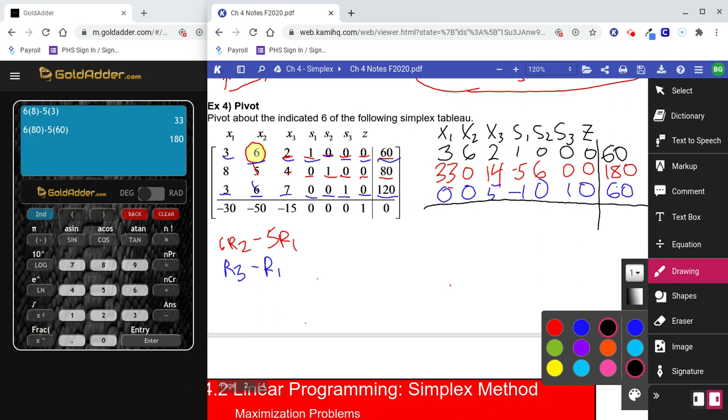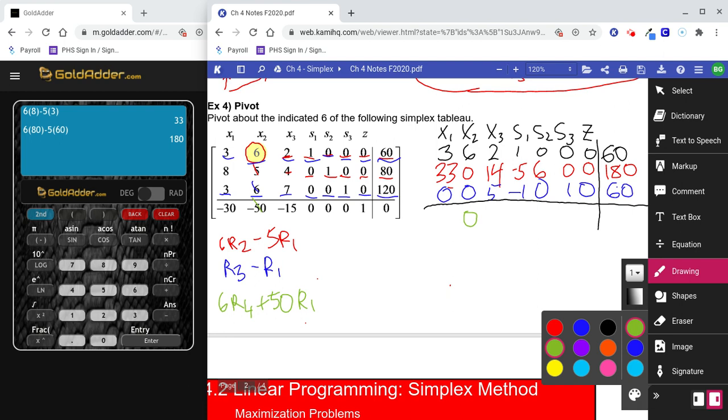Now let's do the last row. This is going to be the hard one because we've got to get rid of a negative 50 using a 6. So when in doubt, you can always just kind of cross each other up. So if I did 6 row 4s plus 50 row 1s, 6 negative 50s plus 50 positive 6s is going to be 0.